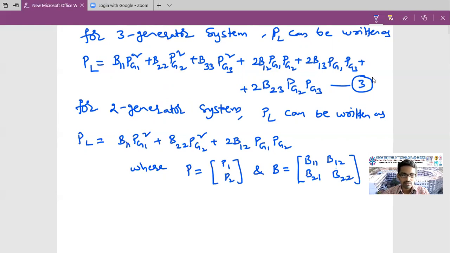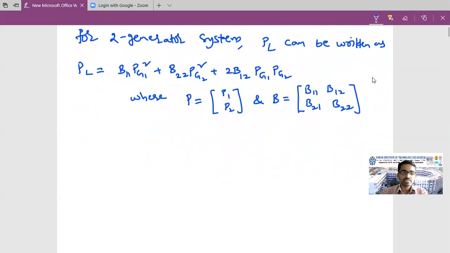For the three generator system you have B11 Pg1 square, B22 Pg2 square, B33 Pg3 square and so on, but for the two generator system you have only three terms. So that is for the two generator system.